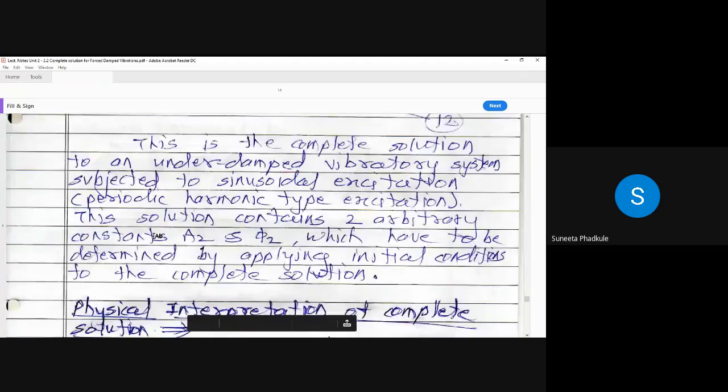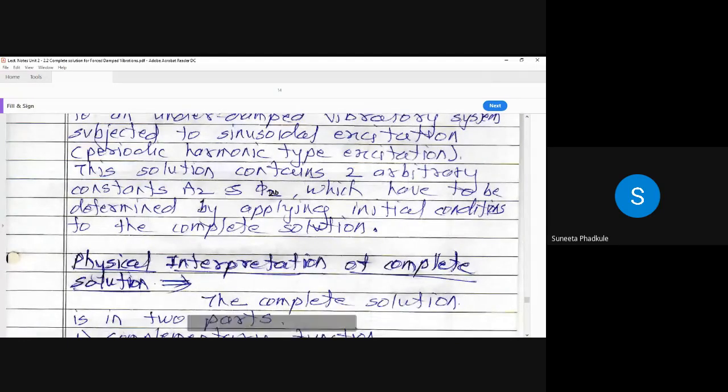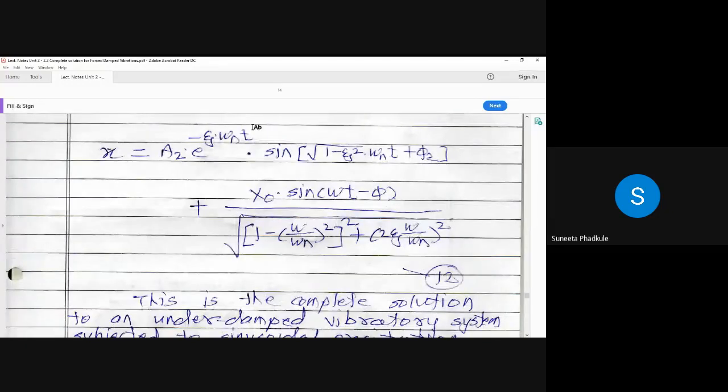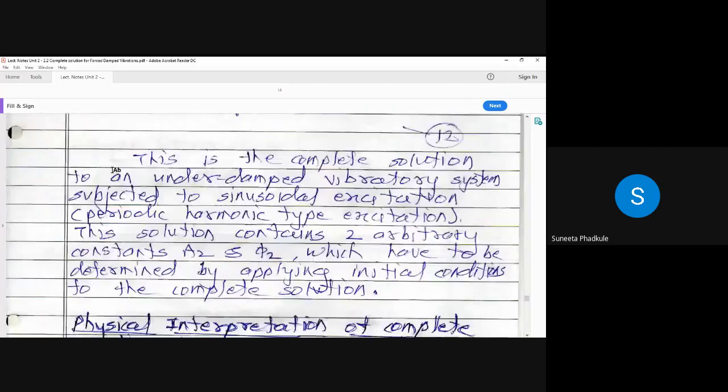So how do we find the values of A2 and phi 2? From initial conditions. You have to apply the initial conditions to the whole solution, that is Xc plus Xp, and then you can find the values of A2 and phi 2. Then put the values of A2 and phi 2 here, and you will get the complete solution X.